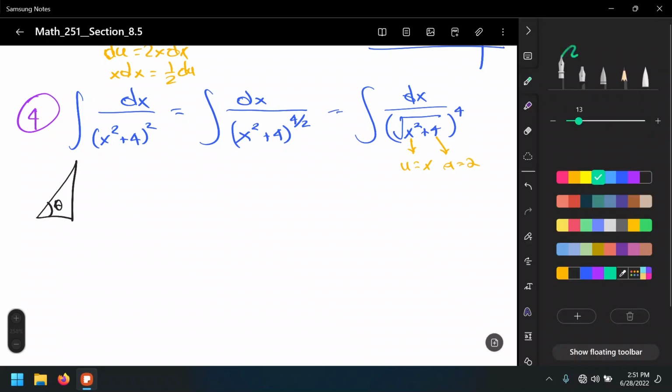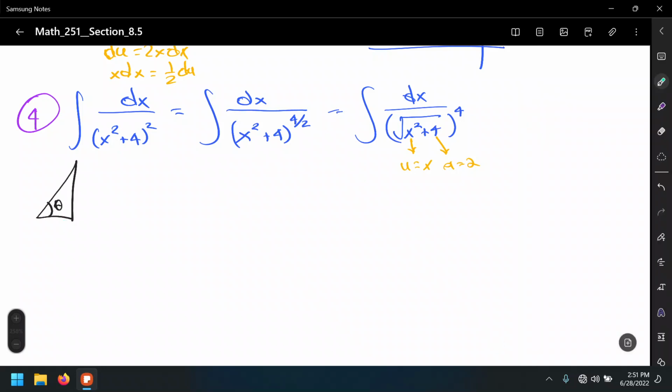When we label this, in this case, these two quantities x and a will represent the sides of the triangle, not the hypotenuse. You can put them in the order that you want.